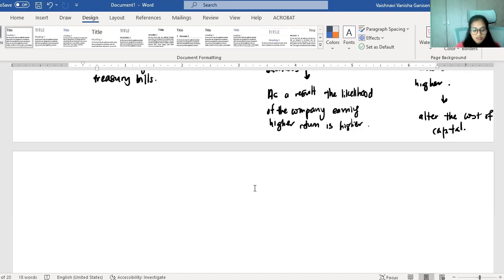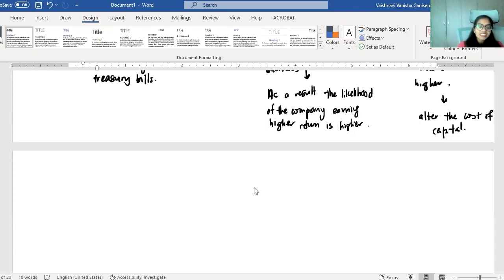And when they don't bear a higher risk, they don't need to require a higher return, because as you know, the risk-return relationship states that the higher the risk that you bear, the higher the return that you get, and the lower the risk that you bear, the lower the return that you will earn.